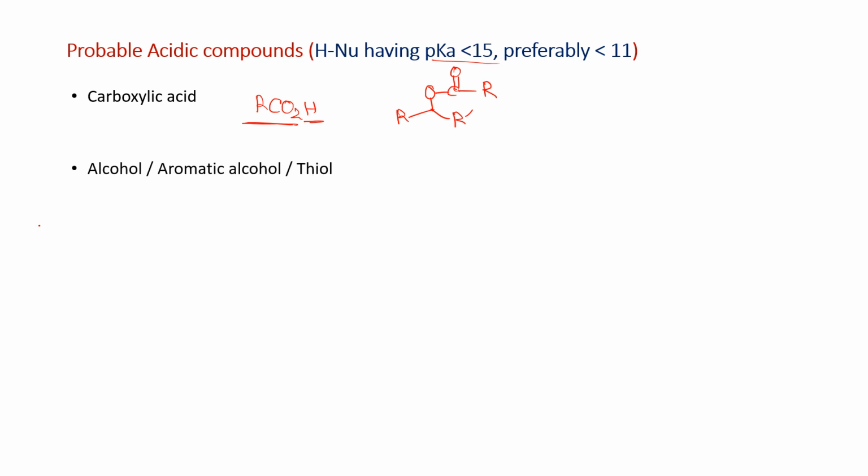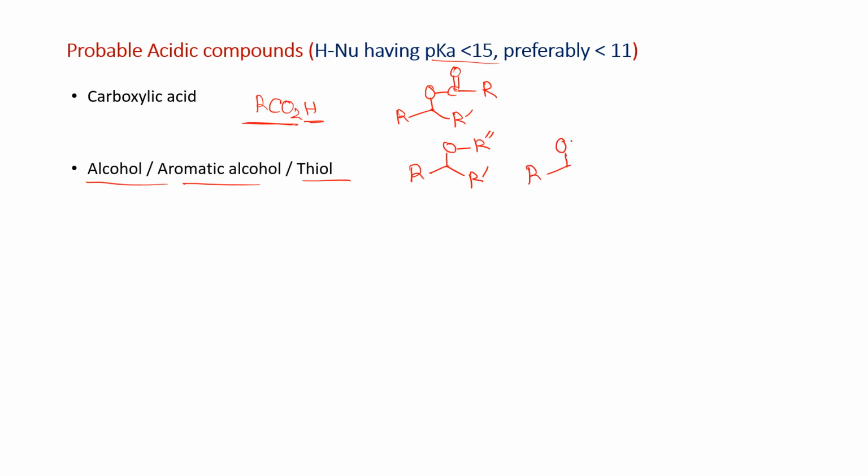Then you can take some alcohol, you can take aromatic alcohol, you can take thiol. That means now the product nature will be something like this. If your alcohol is ROH, the product should be like this. I am putting here double prime so that all the R groups are different. Or it may be that aromatic alcohol, it may be OPh.